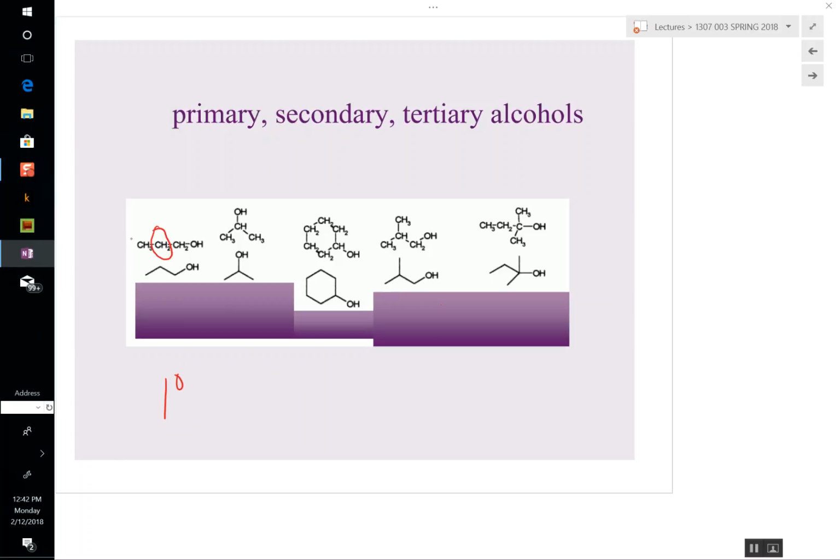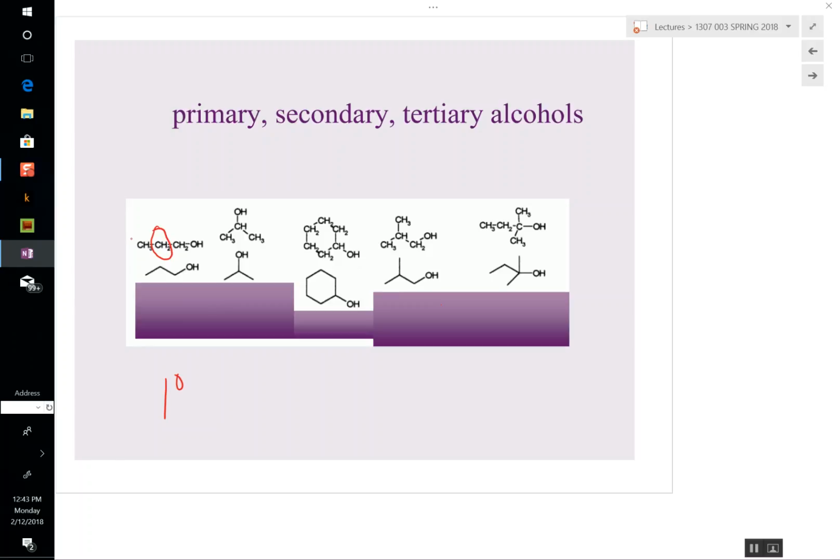The second one. This one? Well, both of those are the same thing. Above it, you have a kind of a hybrid structural formula, and below it, you have a line formula.